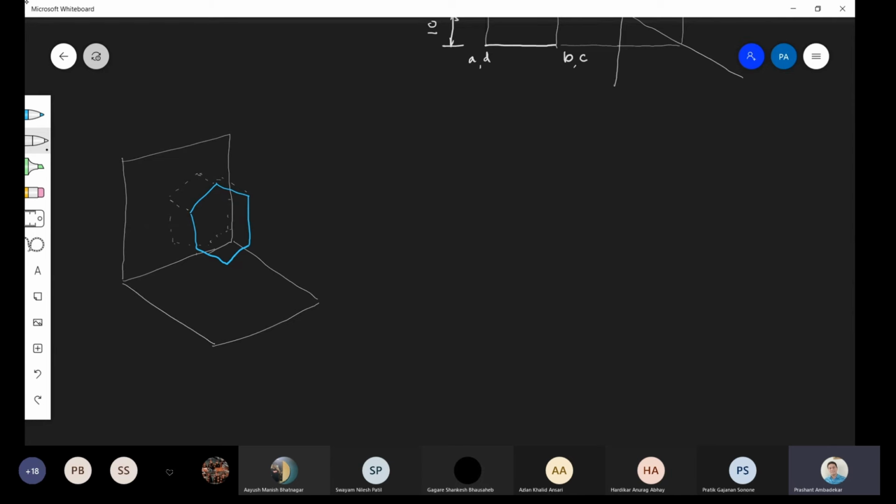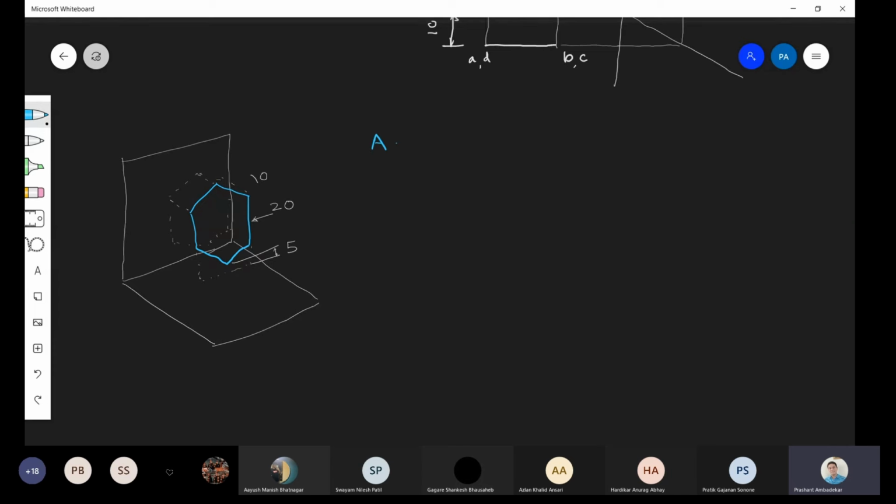And then this can be projected in the, and this distance, actually it is very small, but okay, let us consider this distance, and this side is 20.